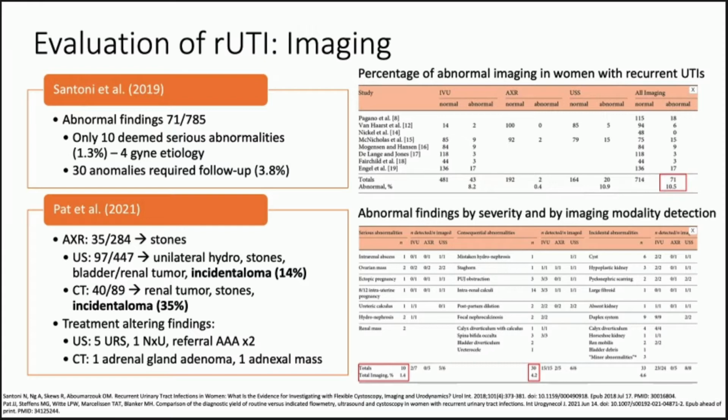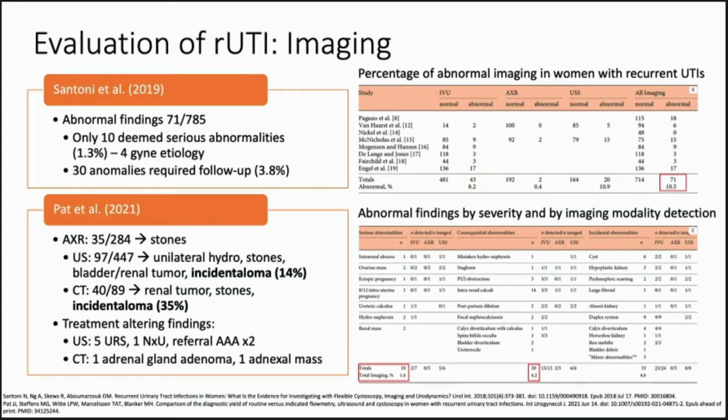Of those 785 imaging studies, 71 were found to be abnormal, and only 10 were deemed to be serious anomalies, of which 40% were actually gynecological and could have been diagnosed clinically, like an ectopic or intrauterine pregnancy. In fact, only 3.8% required further urological follow-up, mostly for stone disease.